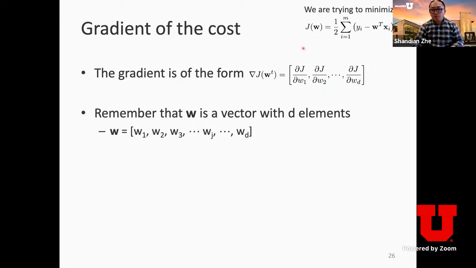Suppose you have d features, you're going to have d weights. Then our gradient is a vector of d elements. So we need to calculate the partial derivative of the objective with respect to each weight element. Remember, w is a vector with d elements.